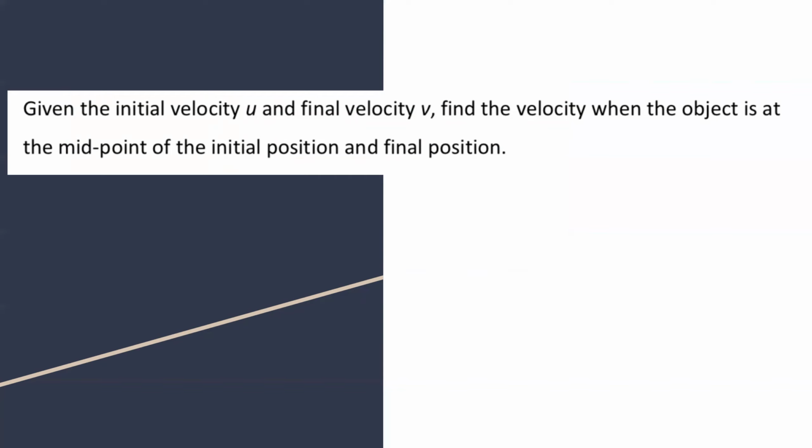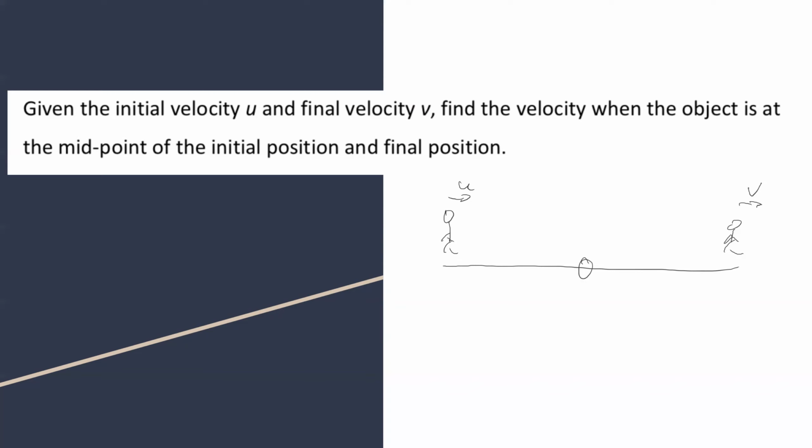Let's say this guy's walking at first at u, and then finishing at v. Also, you assume uniform acceleration in this problem. So what it's asking is, what is your velocity at the midpoint of your path?